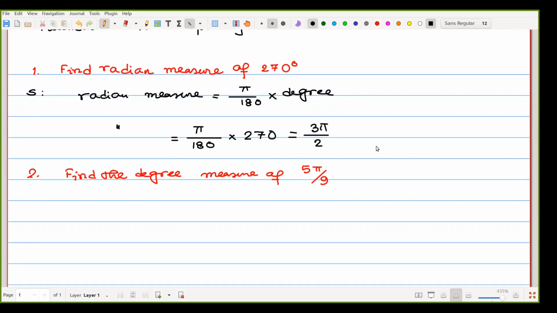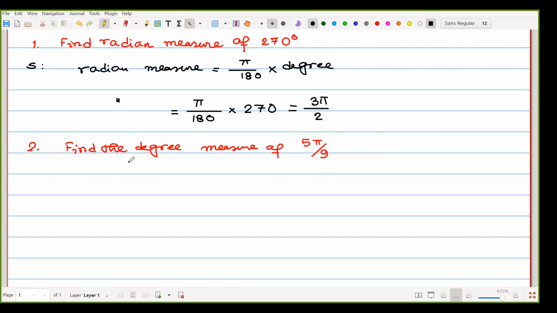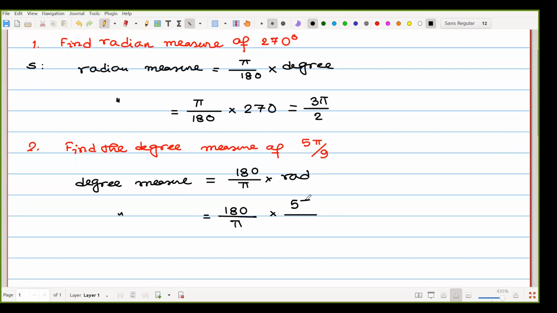Now in that case, we have to transform the radian to degree, and for that we have to use the formula: when we are transforming from radian to degree, that is 180 by pi into the measure of radian. So in that case, the measure would be 180 by pi into 5 pi by 9, that is 100 degree.